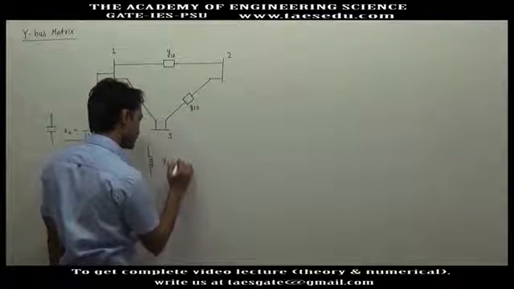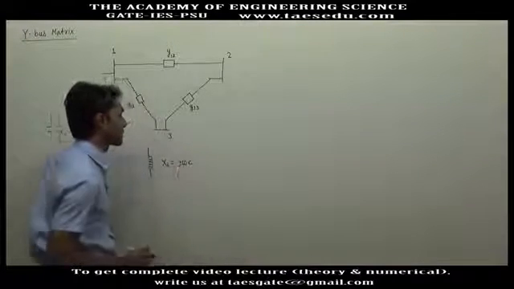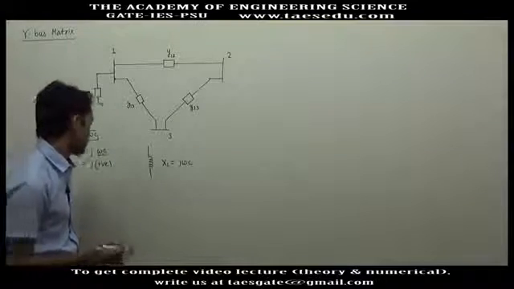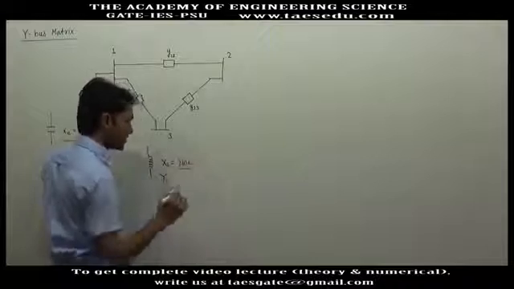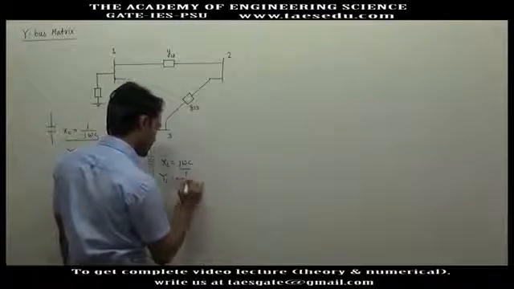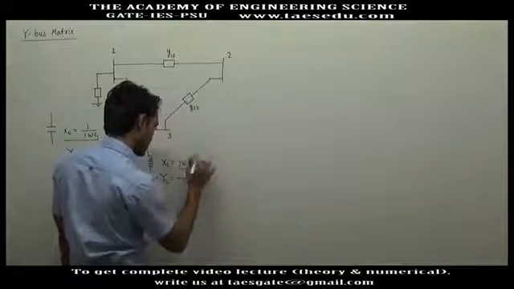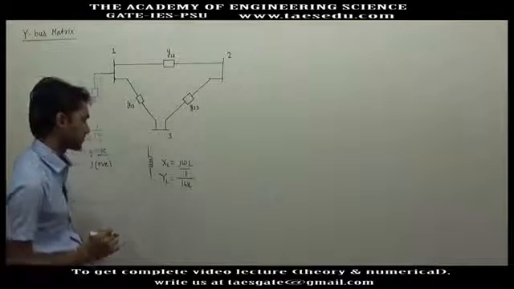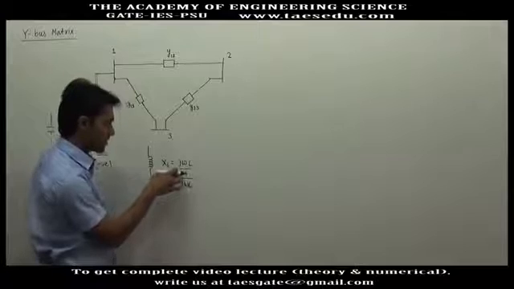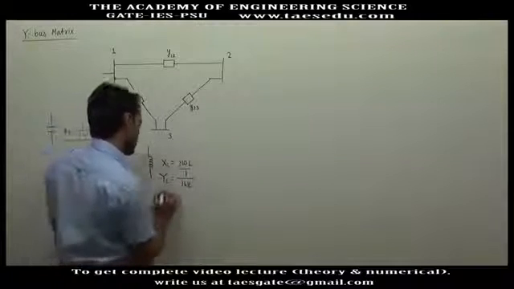Impedance is j omega L. Now to find the admittance of an inductor, you take the inverse: 1 upon j omega L. When j comes in the numerator, it becomes minus j.